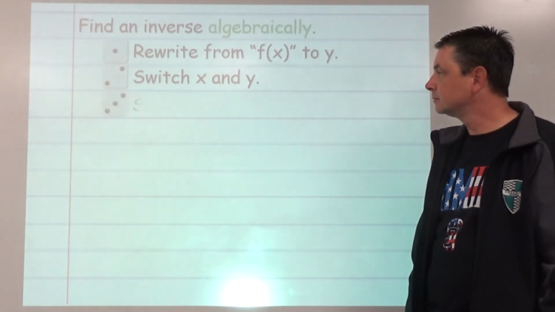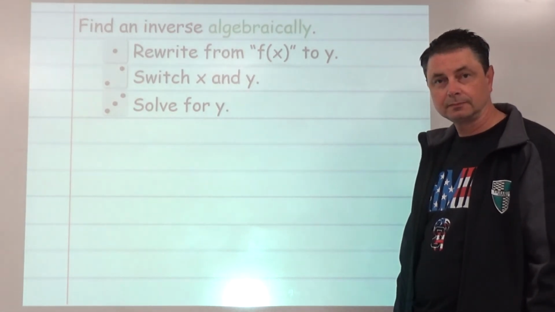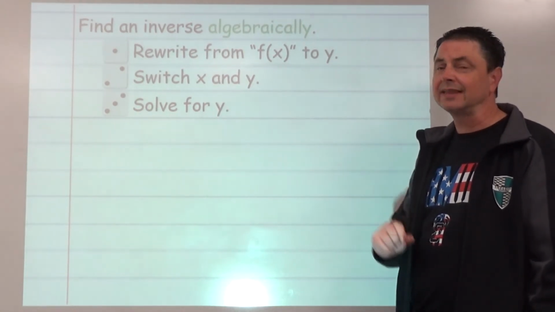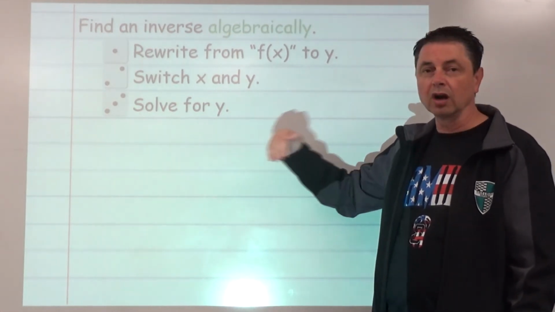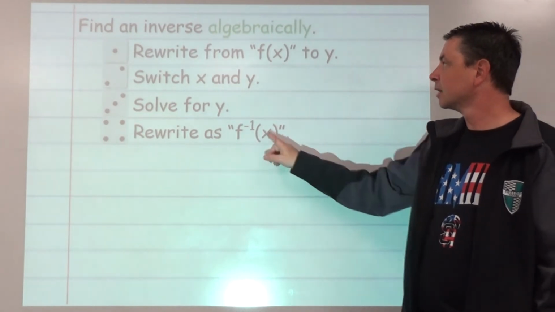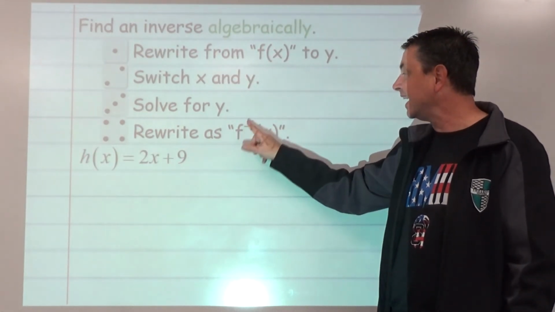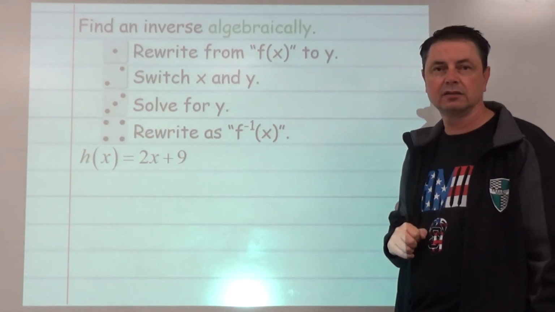Number 3, solve for y. Once you got that done, number 4, write it back into function notation. But instead of f of x, we're writing f inverse of x, to indicate that it's an inverse.